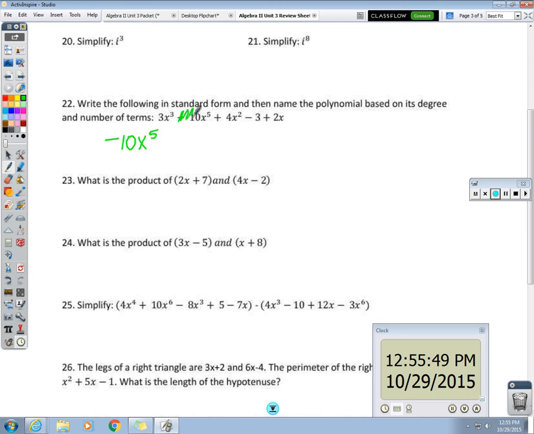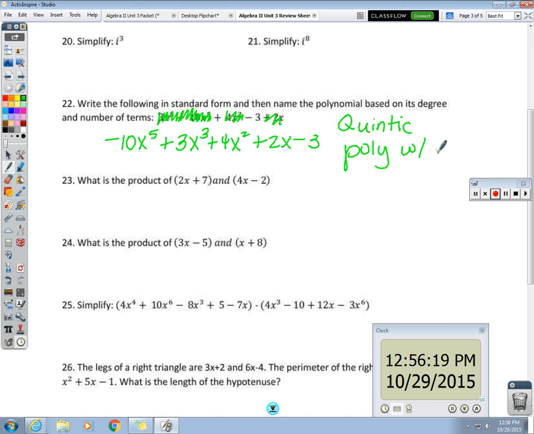Then after that, we would write positive 3x to the 3rd, and then we would write the rest. Okay, so what do we name that? What degree is it? Right, it's a degree 5, so that's quintic, and then it has 5 terms, and so we don't have a special name, we just say polynomial with 5 terms.